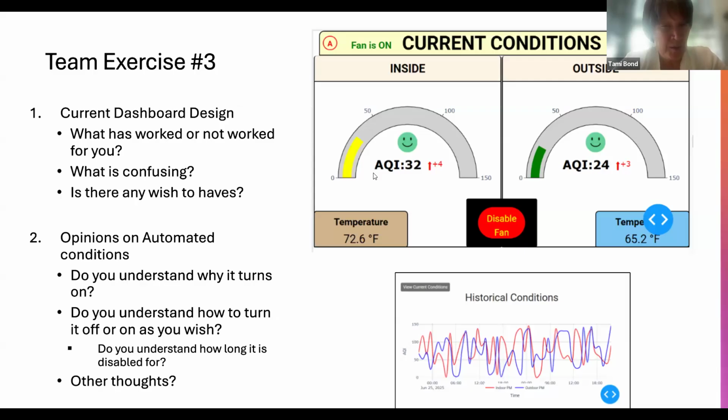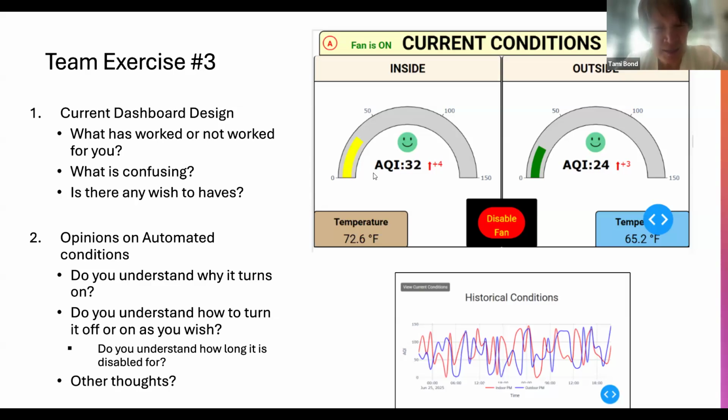I think that we spent a lot of time talking about the colors on AQI, and I wonder if we should rethink them, because I feel like if it's green outside, why are you running the fan? So I totally support everything I said before. I don't know what to do about that.